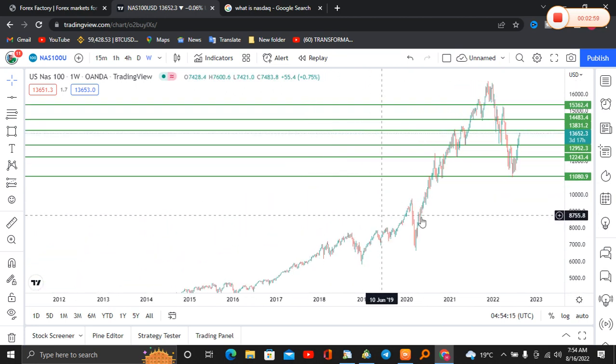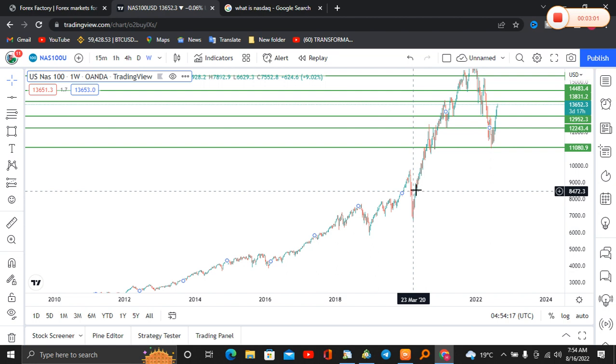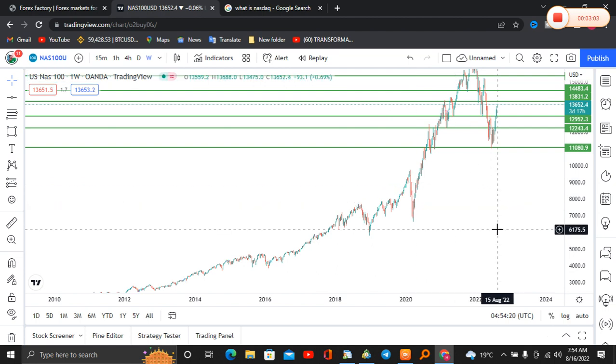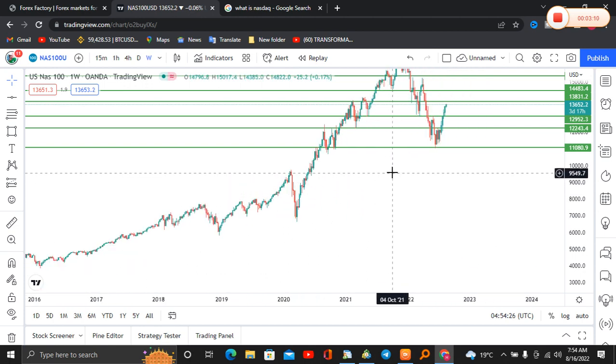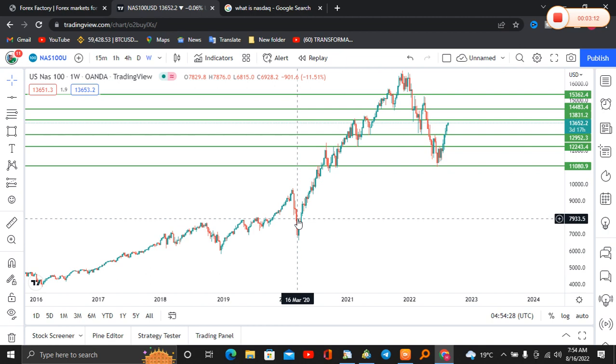Now when I zoom in, I can see NASDAQ has been in a deep uptrend for the last 2 years.